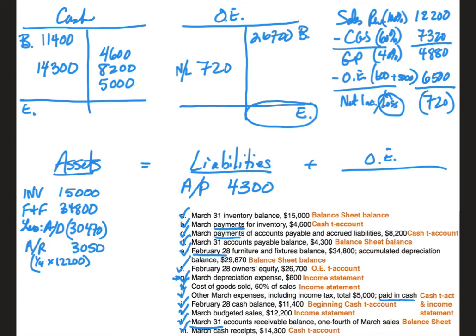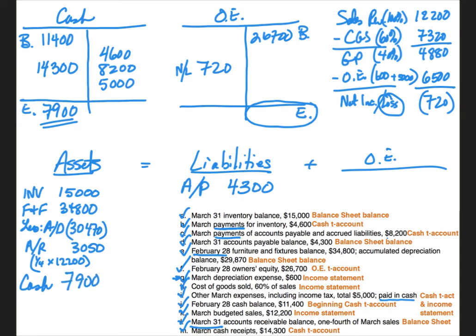So now I can calculate the ending balance in cash and put that in my asset section. So if we take all of our debits for cash, 11,400 plus 14,300, and subtract my credits of $4,600, $8,200, and $5,000, we end up with an ending balance of $7,900.